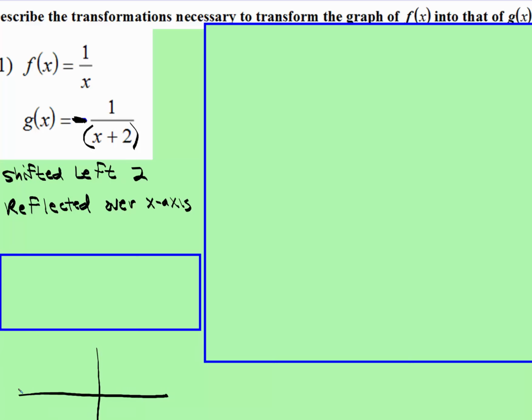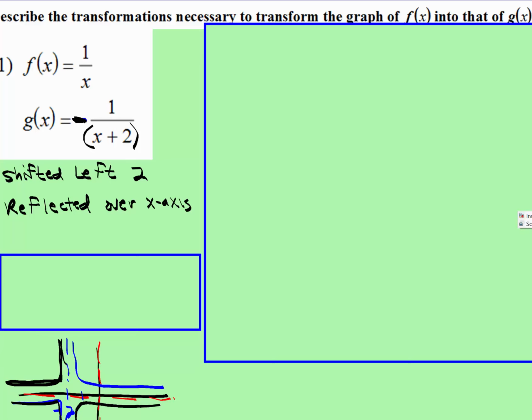So if normally there are asymptotes vertically and horizontally, right there on the axes, when it's shifted left 2, at -2 there's going to be an asymptote. So the graph would have looked like this, but instead there's a reflection over the x-axis.